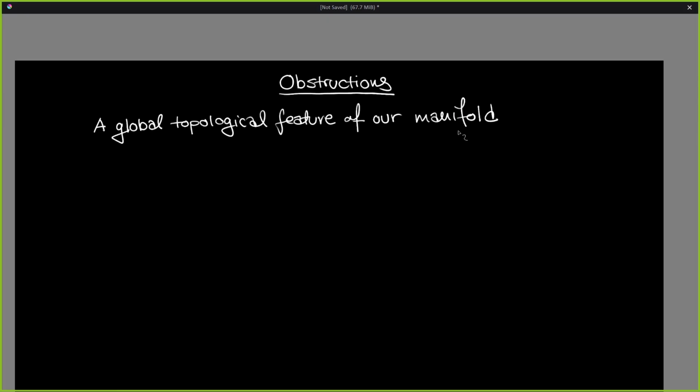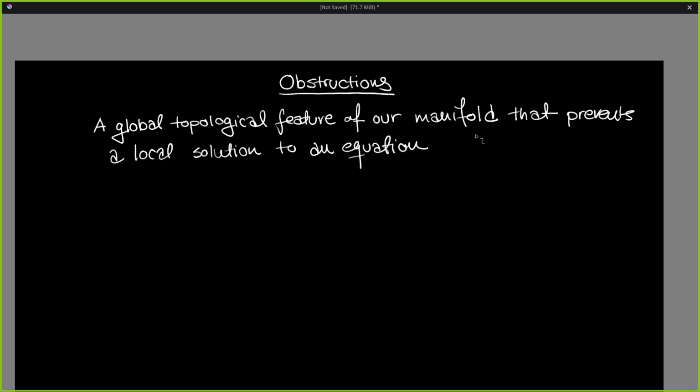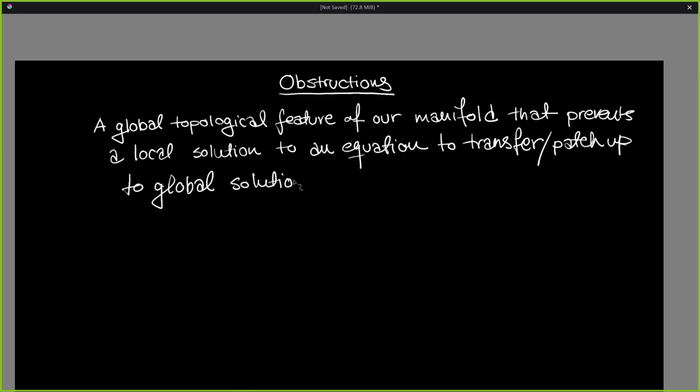A global topological feature of our manifold that prevents a local solution to an equation, this is where the algebra part of it comes in, to transfer or patch up to a global solution. And we're going to look at exactly which equation we're trying to solve.